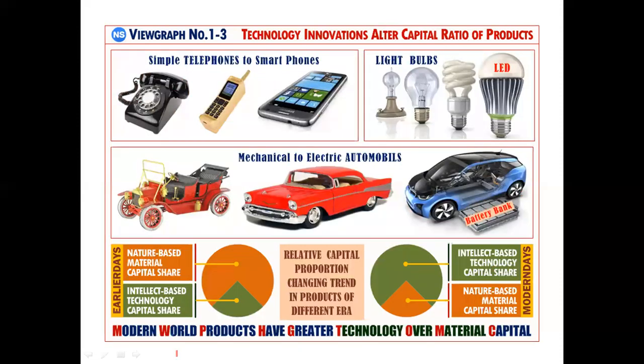Having said that, I want to give one more example of how things are changing. Remember again, this simple telephone has become the smartphone, but there was something in between which I'm going to talk to you about a little later. But light bulbs, from incandescent bulb to LED bulbs now.